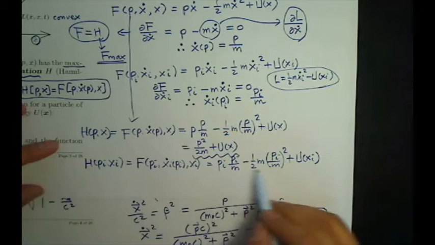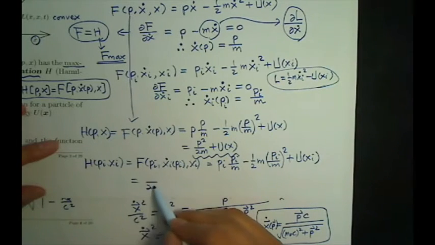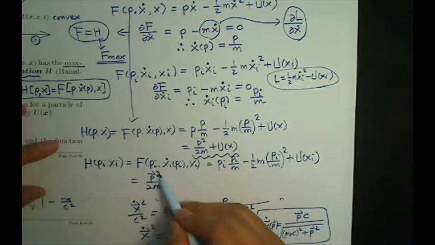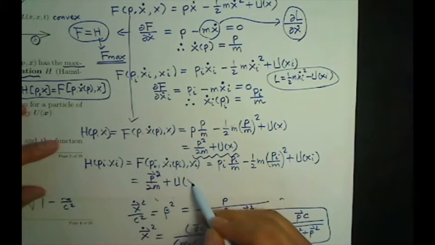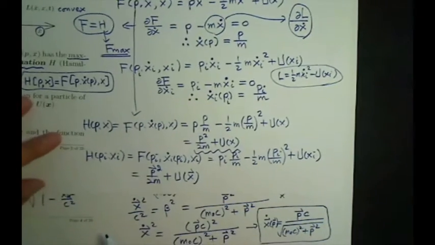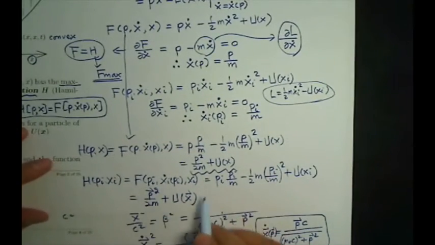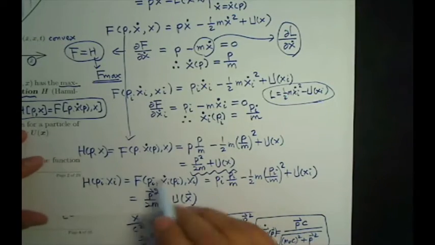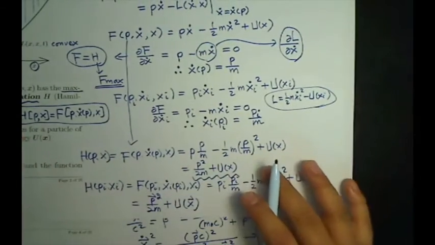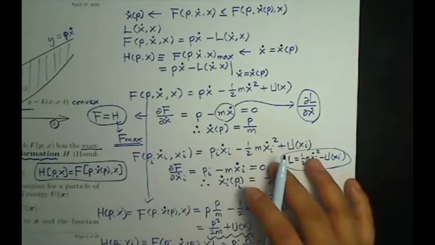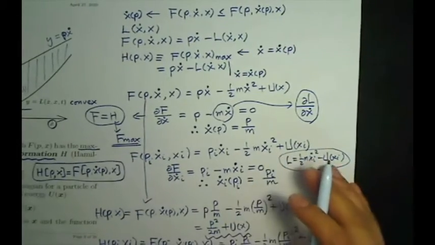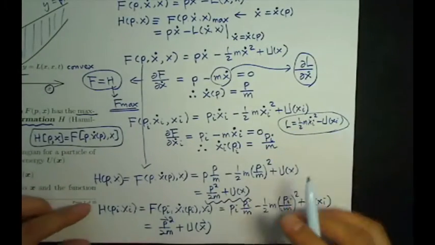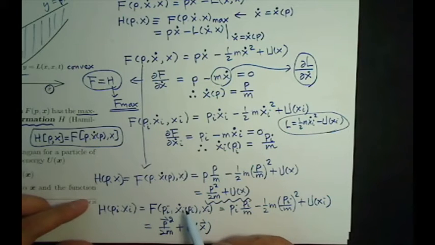If I add this up, this is the p vector squared over 2m plus potential energy. So this is the Hamiltonian, the final result for the Legendre transformation of the Lagrangian of a point particle.